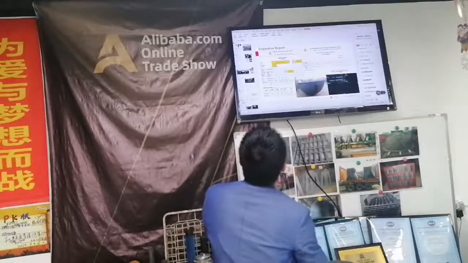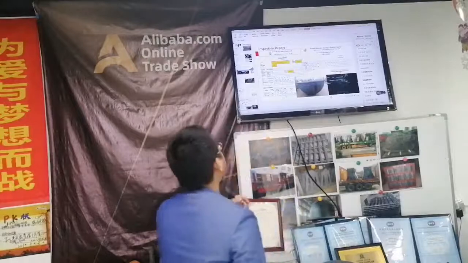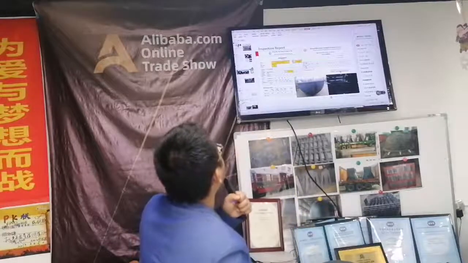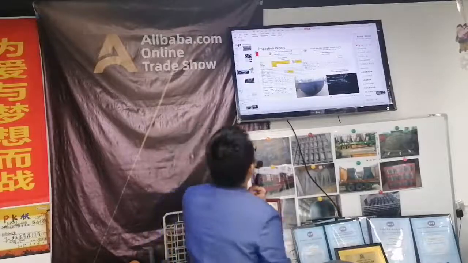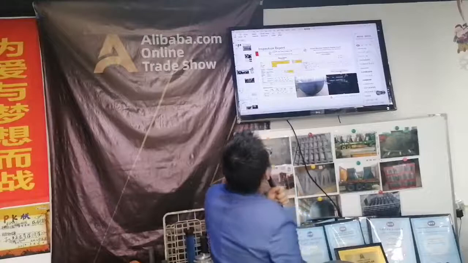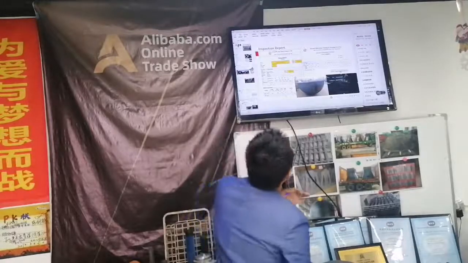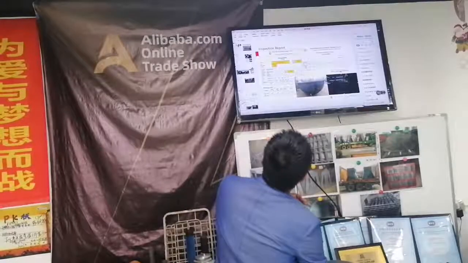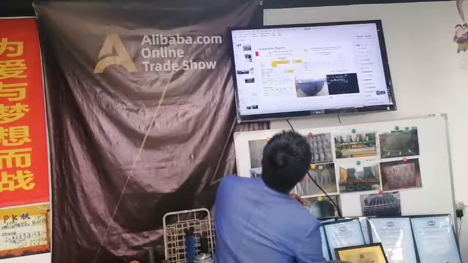Like these photos. First one is our material inspection, and picture 2 is our site report, and also some photos and videos.